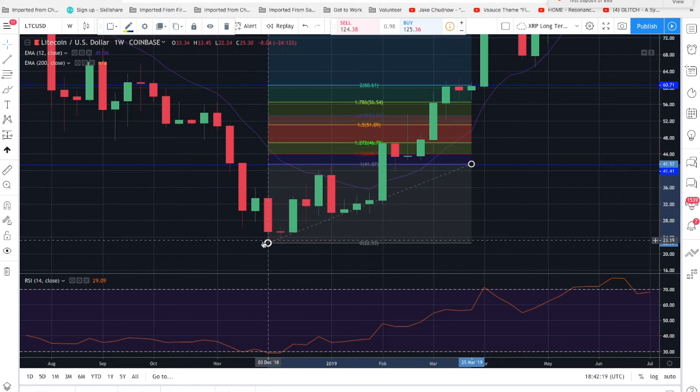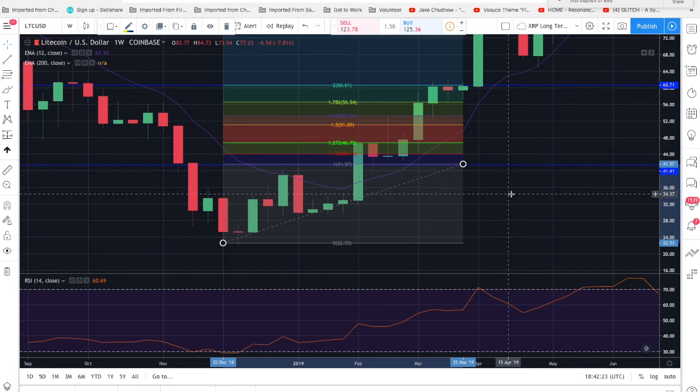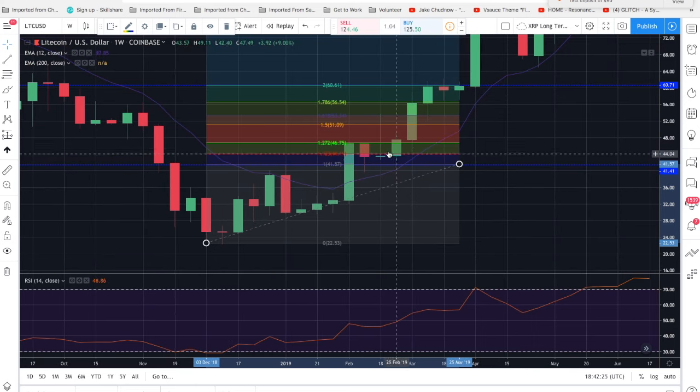So here you can see I did the lowest wick and the highest wick, and then if you dig into the chart, you can see that we broke out, hit the point, respected the point, or 1.272, consolidated just a little bit just below the threshold line, then broke out, shot back up all the way to the 200%. And there it took a little bit of a pause and it bounced between the 200 and the 1.786.